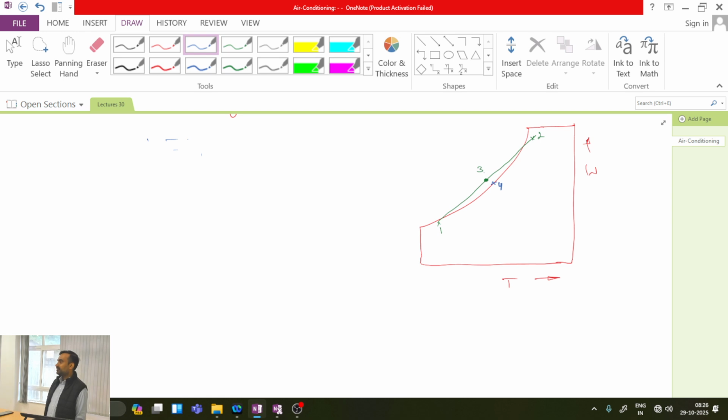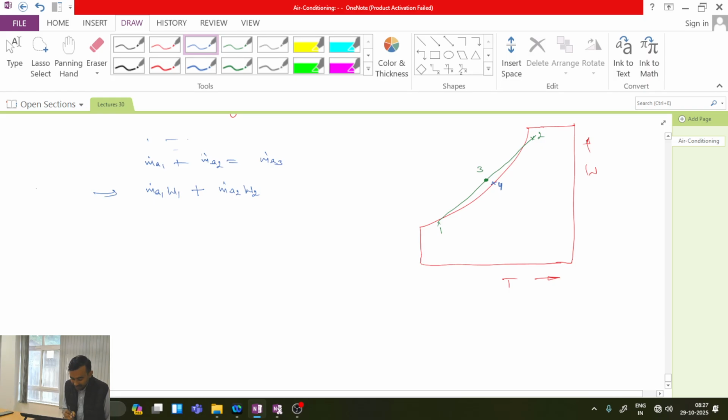Is this point clear or not? So what will I have then? The mass balance for dry air will be m dot A1 plus m dot A2 equal to m dot A3. This is the mass balance for the dry air. The mass balance for water vapor will be m dot A1 into W1 plus m dot A2 into W2.